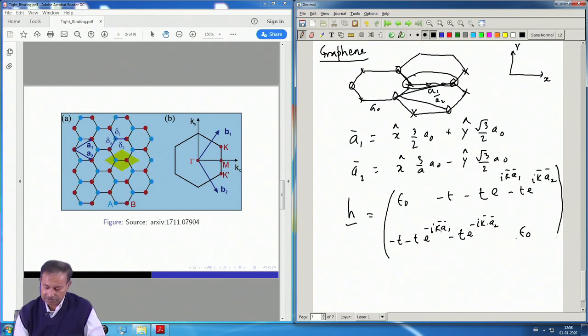So this is the matrix. You can put minus i k here and plus i k there, it does not make anything different.